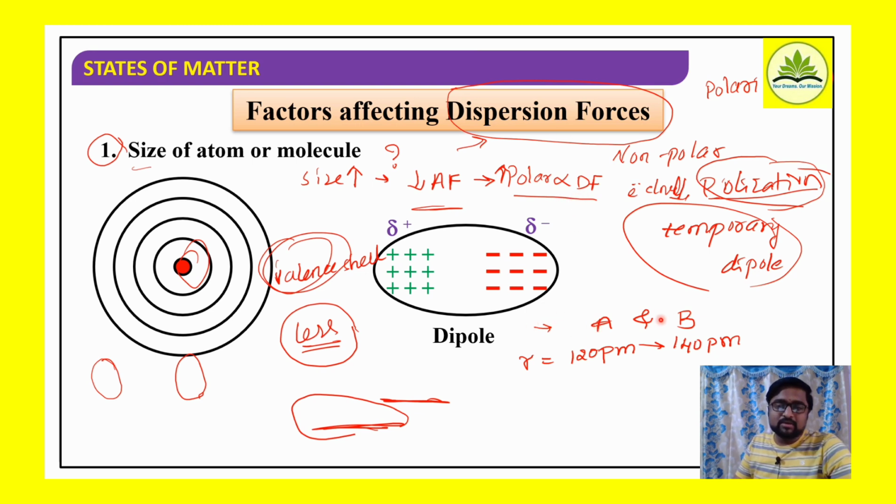Among A and B, in which case can we experience more dispersion force? The answer is B. The larger the size, the less the attraction, therefore polarizability increases, hence dispersion force also increases. This is the one factor, the size of an atom or molecule, which affects the dispersion forces.